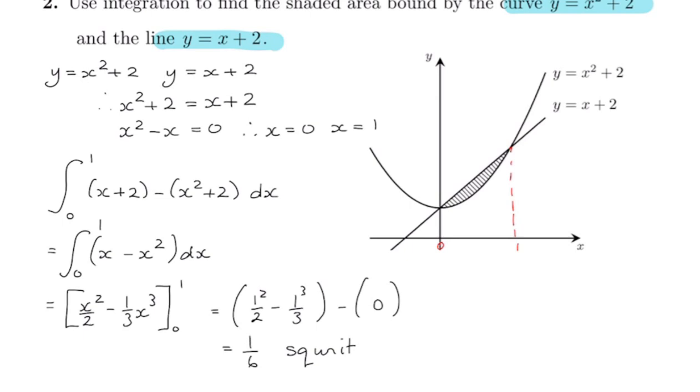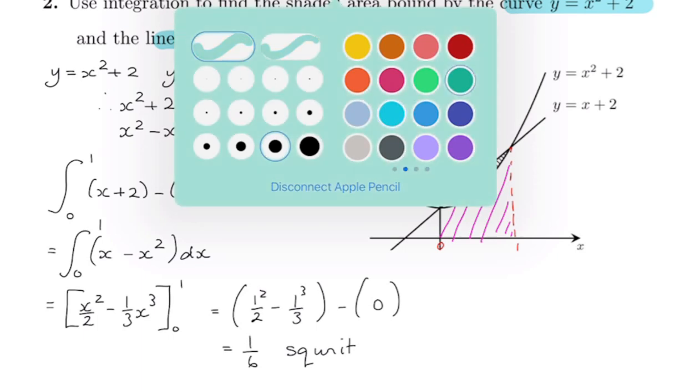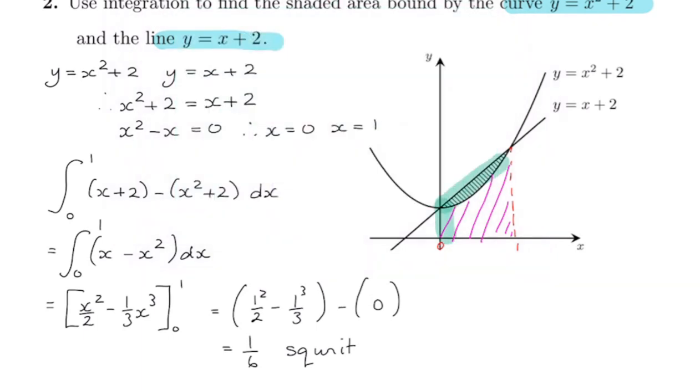Now, the other method, I'm just going to show you on the diagram. Okay, if you integrated between 0 and 1 the curve, you would get the area I'm colouring in now in pink. And then you can see that the other area, and I'll highlight that in a nice highlighted colour, is a trapezium.